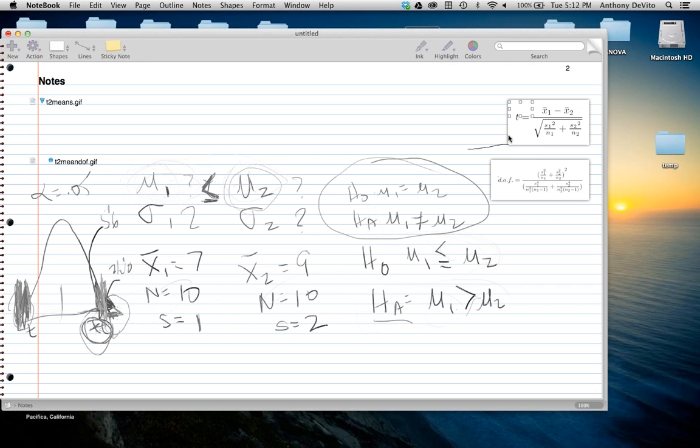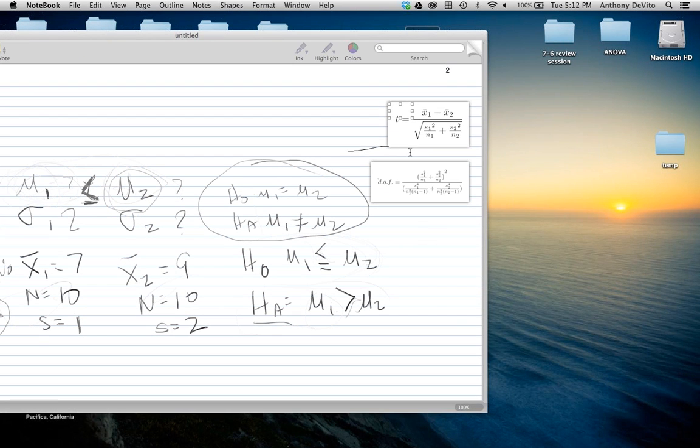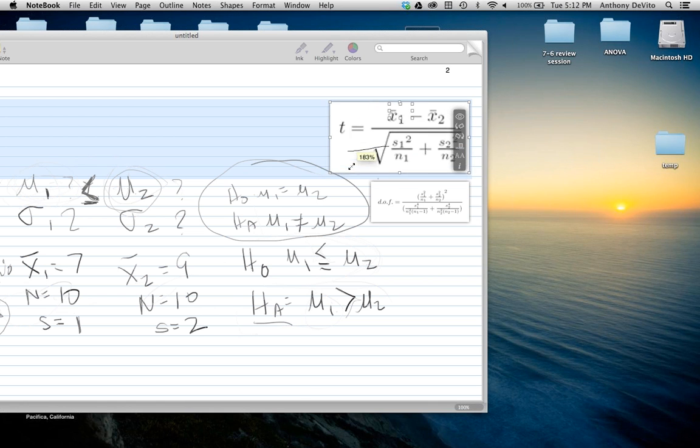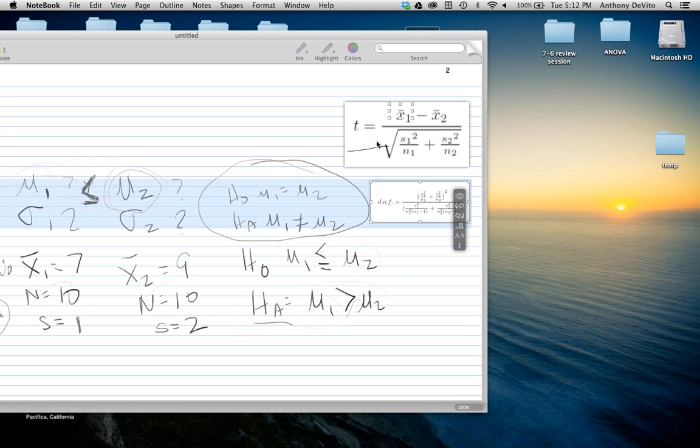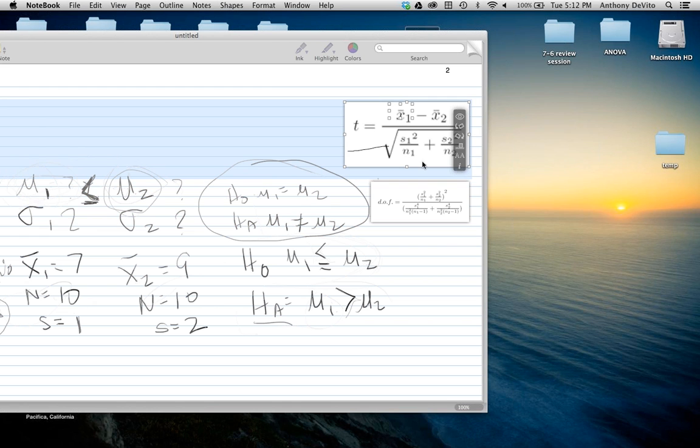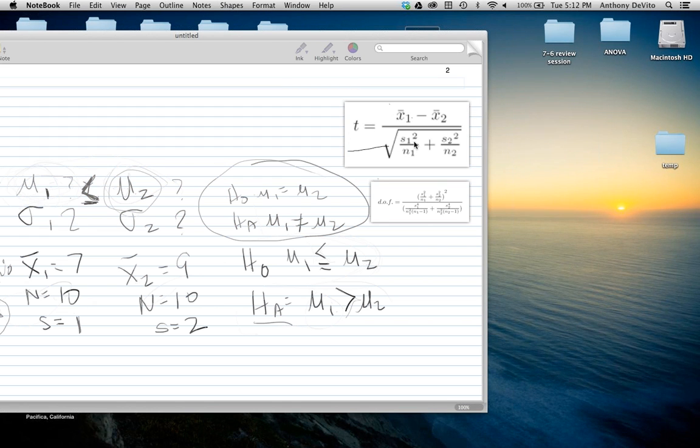Let me see if I can do it this way. Yeah, I think I can grab the whole thing. This formula represents the formula if the variances are not equal, right? If we're starting with the assumption that the variances are unequal.